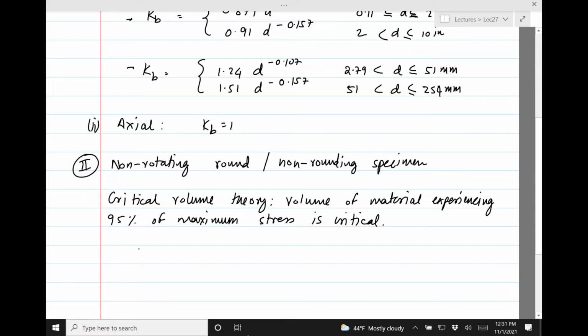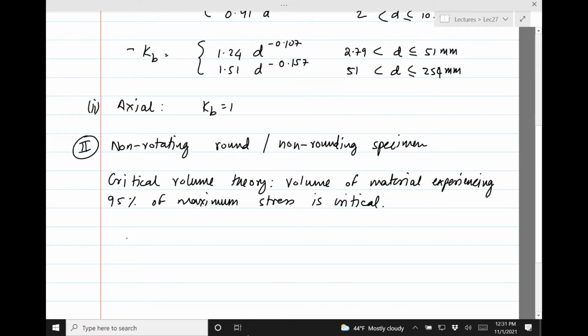Okay, so what we do is we equate. So it says that basically anything above, which is the part of the material which is experiencing 95% and above of stress, is the part which is critical and should be used for fatigue testing, developing fatigue test equations.